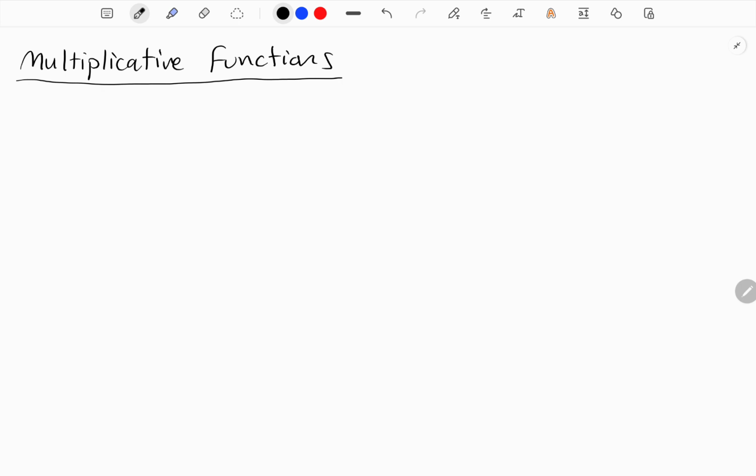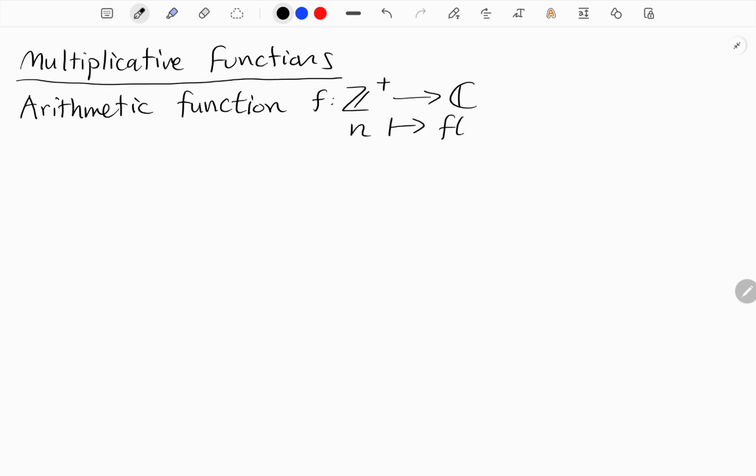So let's consider an arithmetic function. An arithmetic function is simply a function f that maps positive integers to the complex numbers. n maps to f of n.